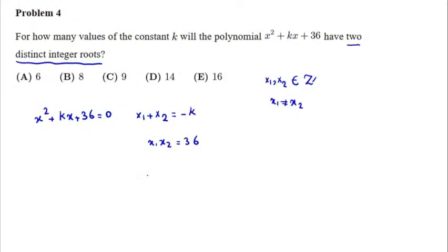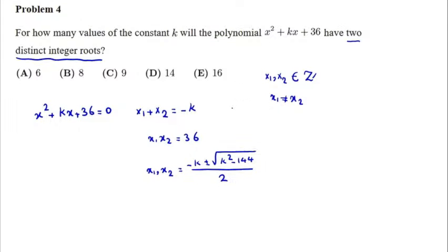Now, the next step, x1 and x2 are roots. If you use the formula, it will be negative b plus minus the square root of k squared minus 4ac, which will be k squared minus 144, all over 2a, which is 2.